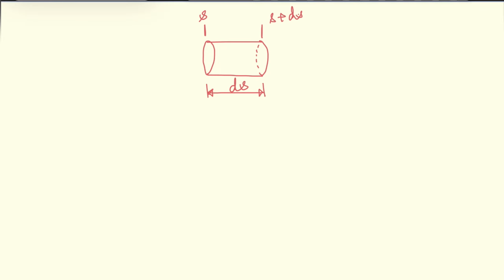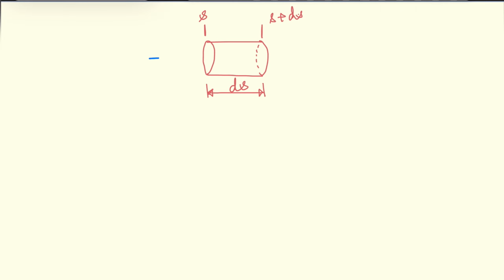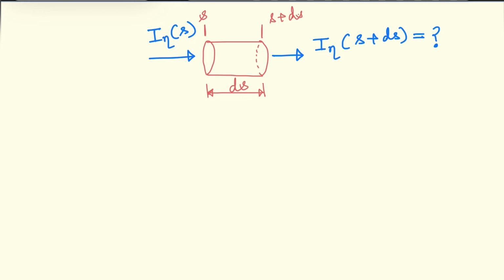At this point, I_η at s is the radiation intensity. Some radiation ray is passing through this cylindrical control volume. Now I want to know what this will be.